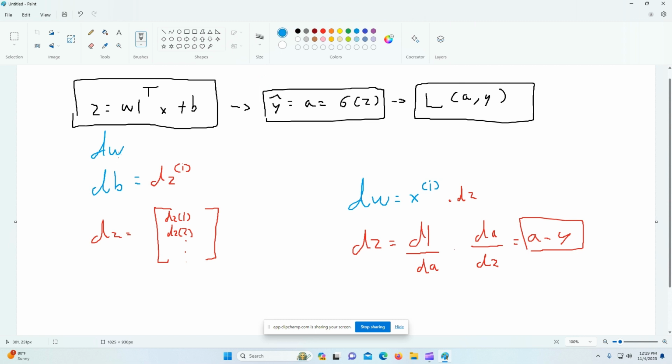And the derivative of w, I already showed. It's just every single x value times the derivative of z.